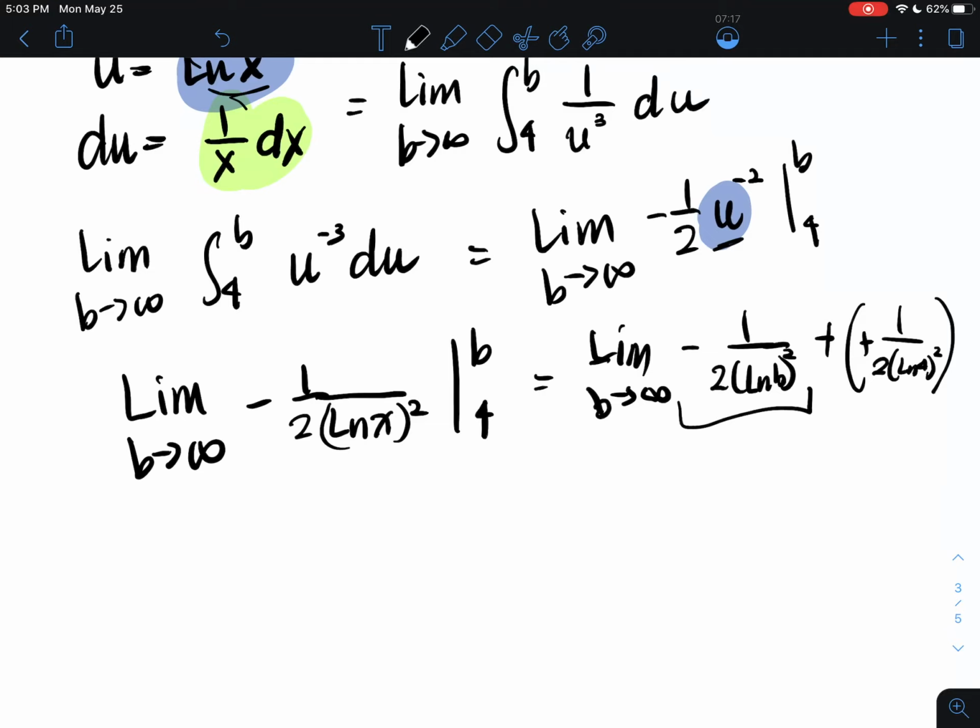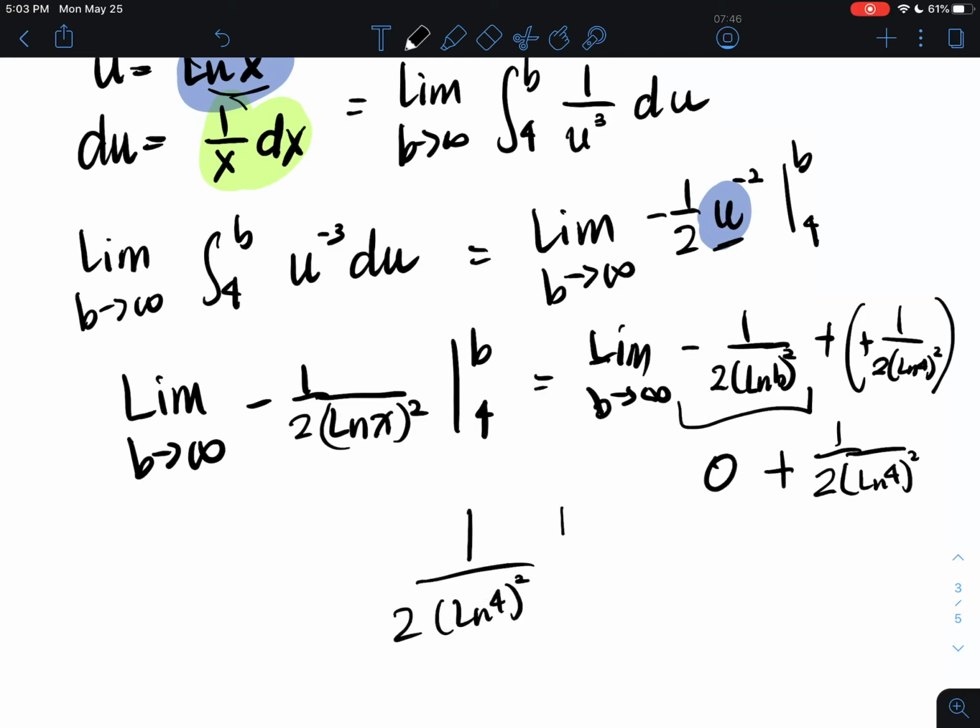For the limit part, if we have the graph of ln of x, as it goes to infinity, this term is getting closer to 0. Then plus 1/2 natural log of 4 quantity squared. So we have 1 over 2 ln 4 quantity squared. That's our final answer, and this also converges.